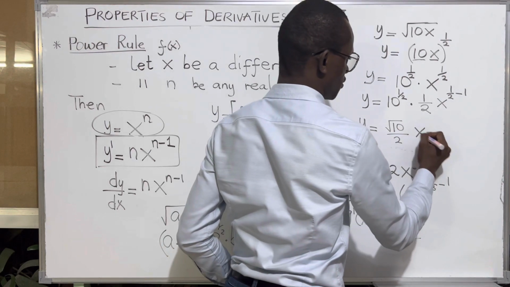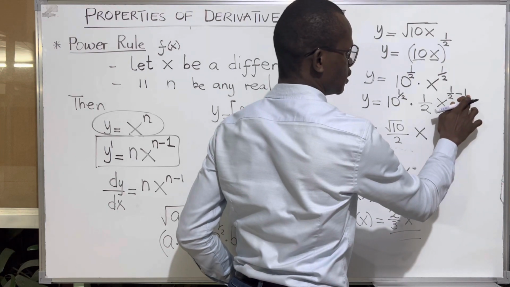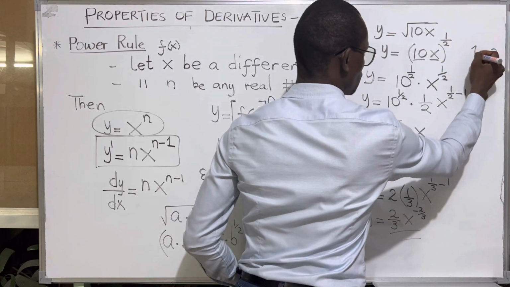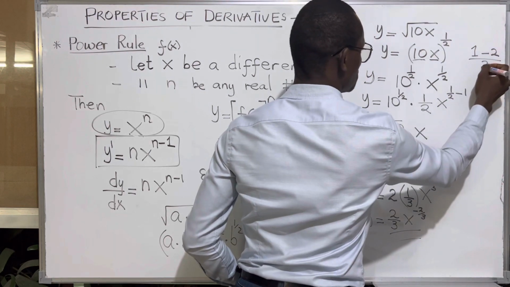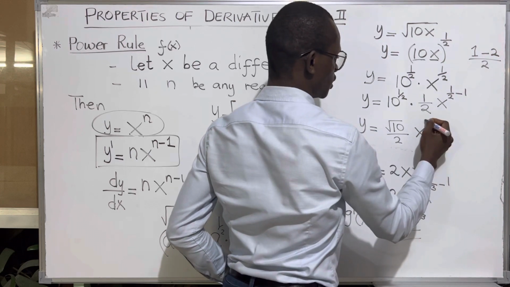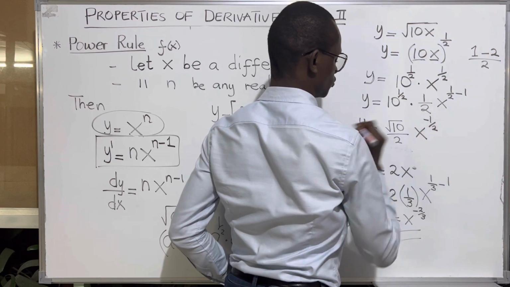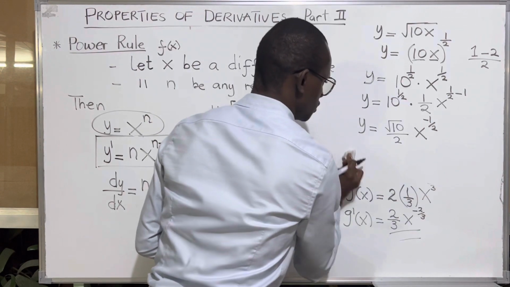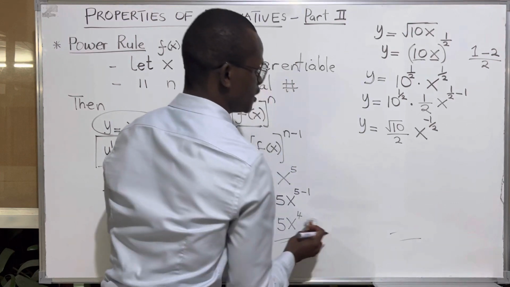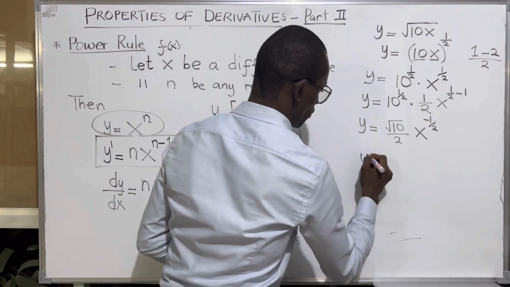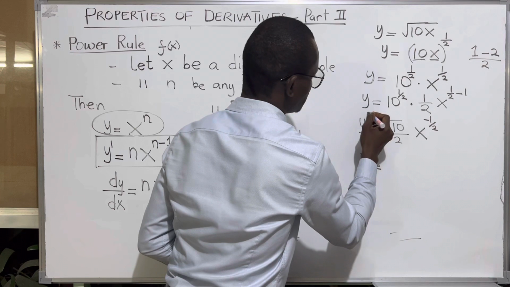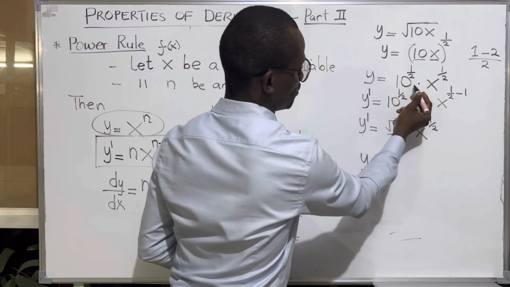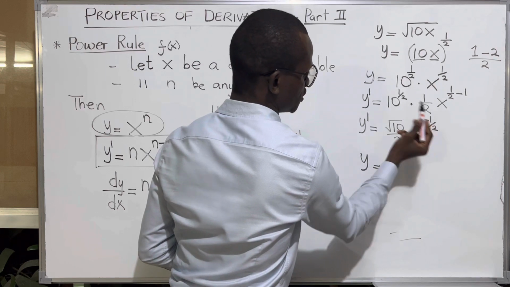x now, 1 over 2 minus 1 is 1 minus 2, which is negative 1, all over 2. If you want to simplify it further so that you cannot have a negative in your power, you can say: now remember, this is y prime, because this was where we started differentiating from.